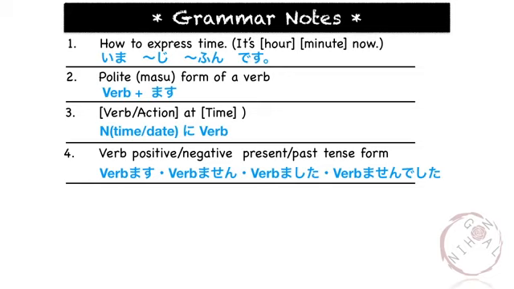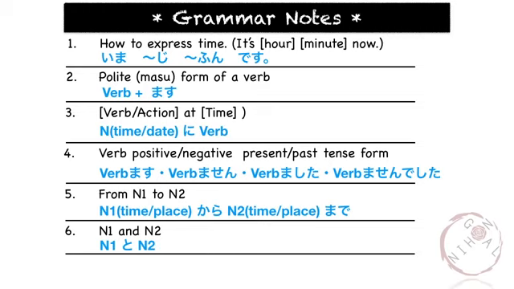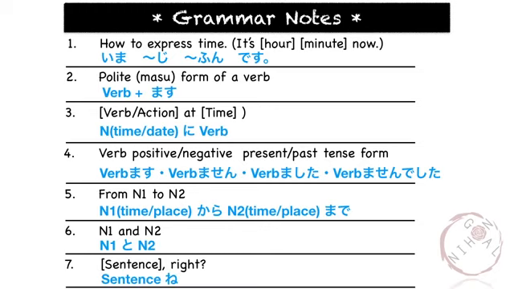Verb masu, verb masen, verb mashita, verb masen deshita. Next is how to say from N1 to N2. N1 から N2 まで. Next is how to connect two nouns using the particle と. N1 と N2. And lastly, how to confirm or ask the listener to agree with the speaker by adding the particle ね at the end of the sentence.